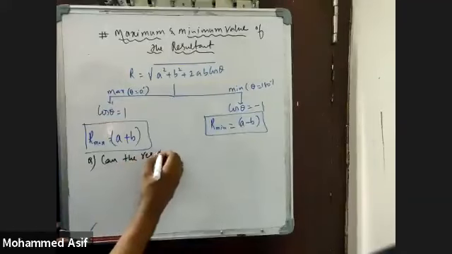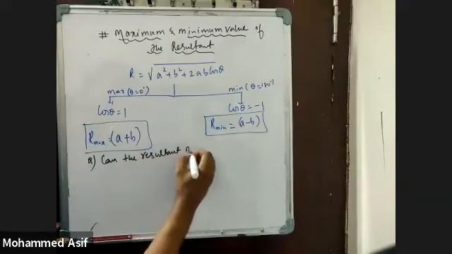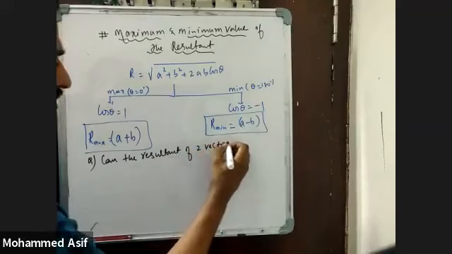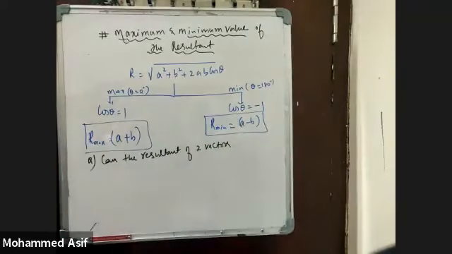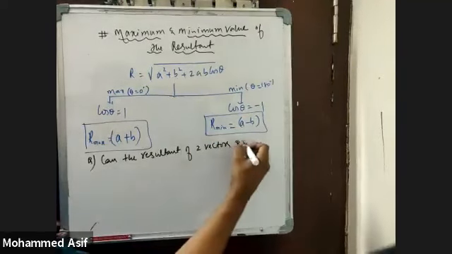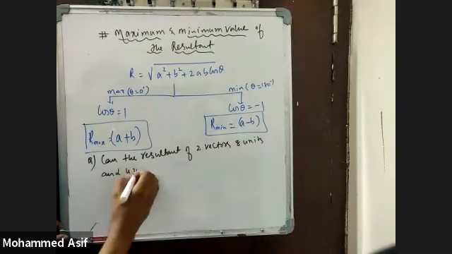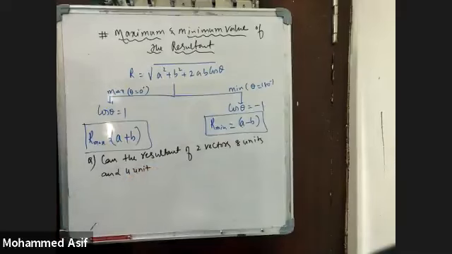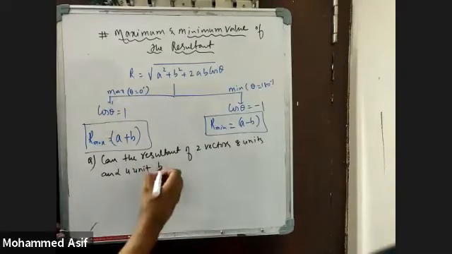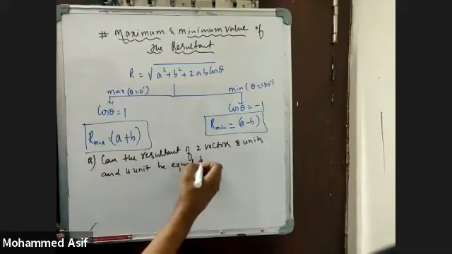Can the resultant of two vectors, 8 units and 4 units, be equal to what?